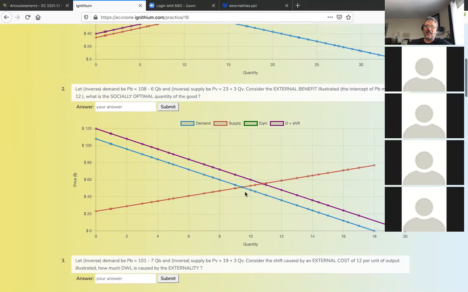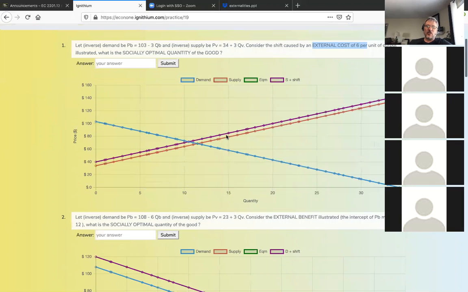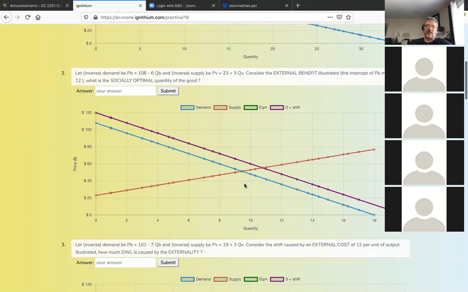Here, the difference is that we were shifting the supply curve upward to show negative externality and an increase in social cost. In this next one, the demand curve is being shifted up, and in this problem it's shifted up by 12. That means at 0 units, $108 per unit is the willingness to pay of the buyer that's willing to pay the most.